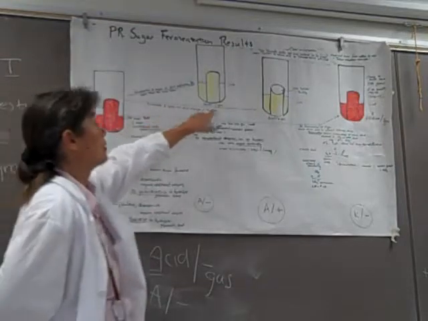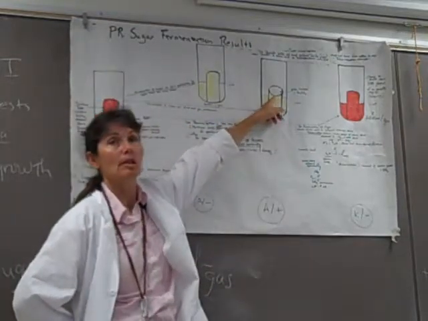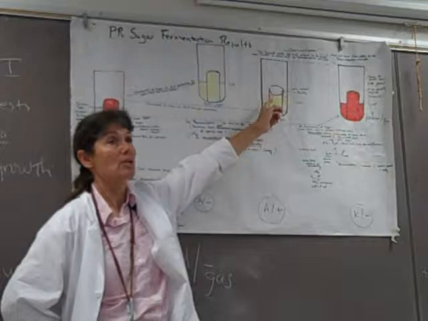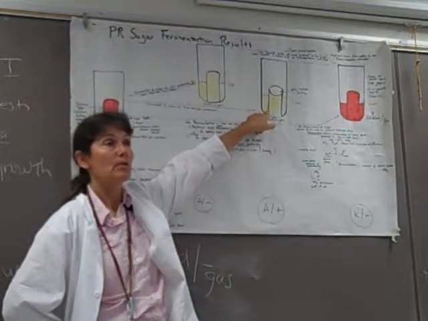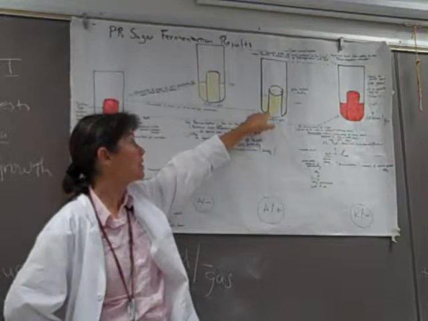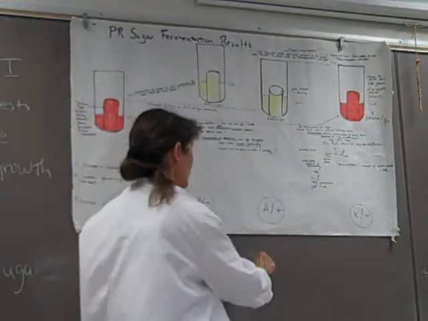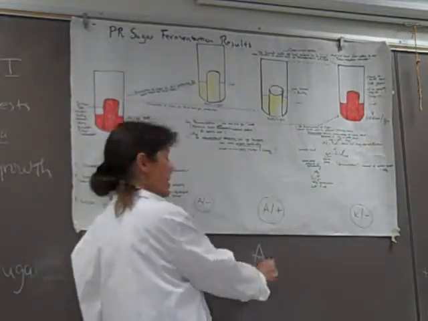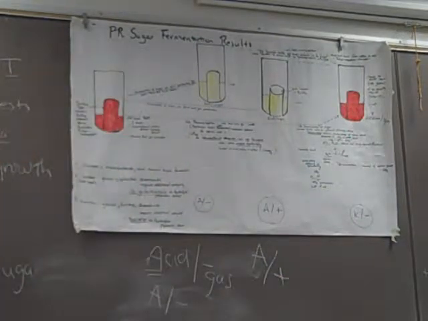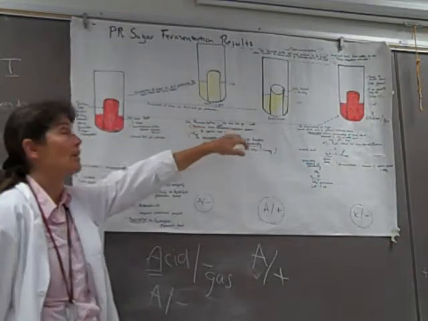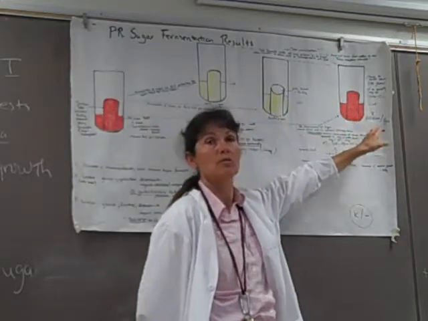Now some of the microbes, as we said, they'll have extra enzymes. They'll actually make molecular hydrogen and or CO2. So we'll see yellow media indicating acid produced from fermentation of the sugars with gas. So we can score that as A for acid and plus for gas. Now, the microbes that lack the enzymes to carry out fermentation of the sugar, like we said, they'll attack the amino acids, they'll deaminate the amino acids, releasing ammonia.